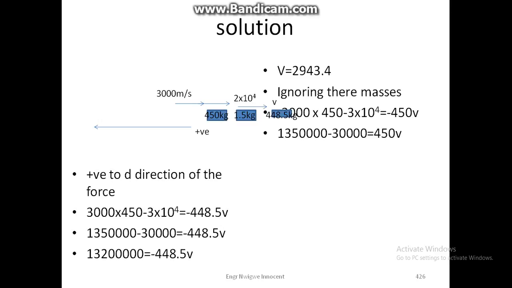Then doing our multiplication, we have 1,350,000 minus 30,000 is equal to 450 velocity. Then doing our subtraction, we have 1,320,000 is equal to 450 velocity. Making velocity the subject of the formula, the velocity is 2,933.33 meters per second.